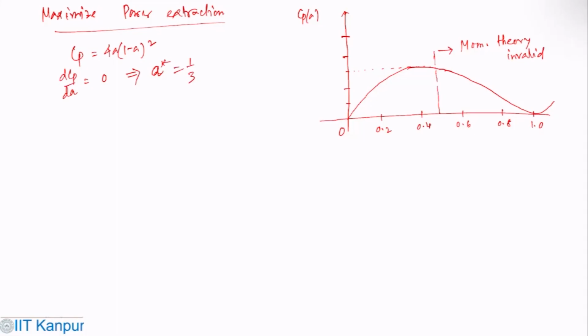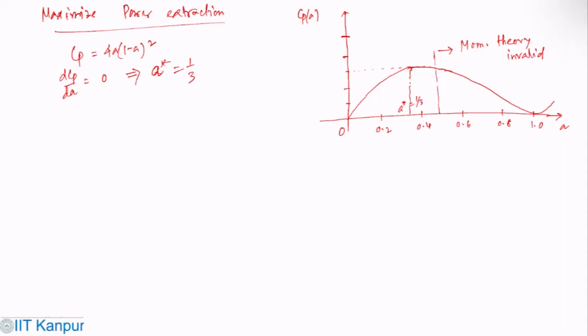So the thing is maximum at 1 by 3. This is at A star 1 by 3.